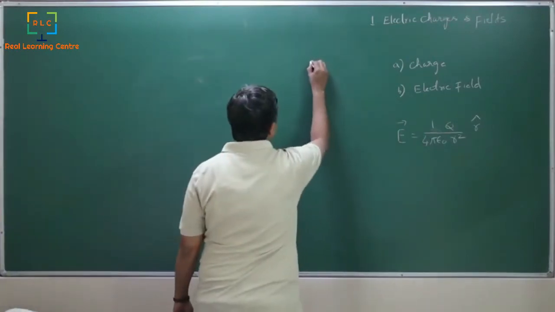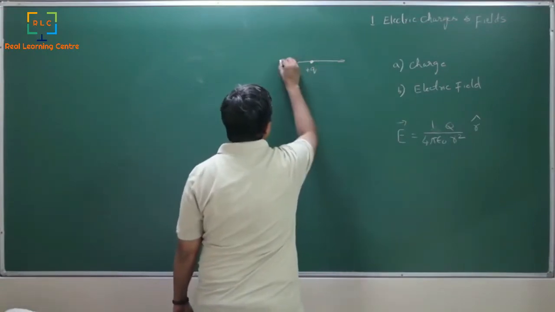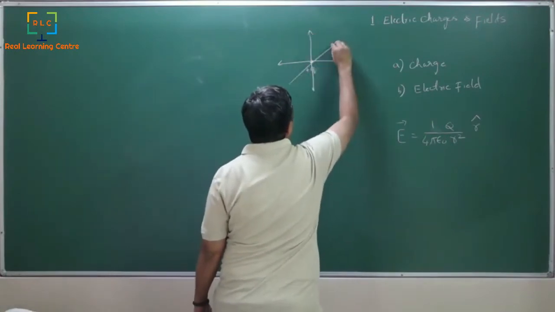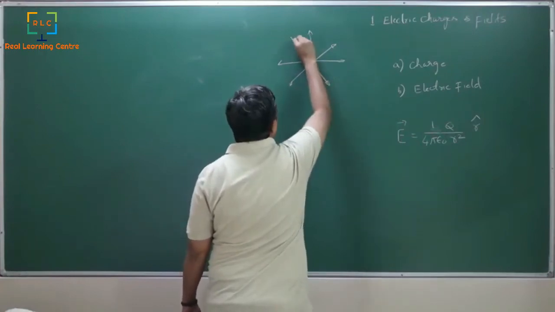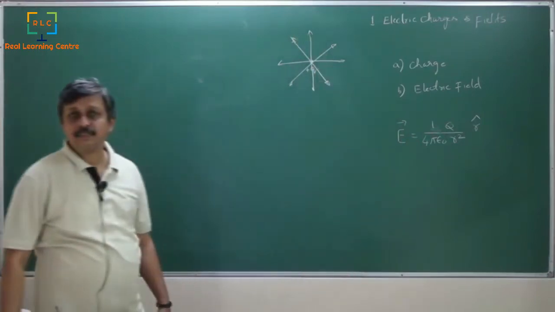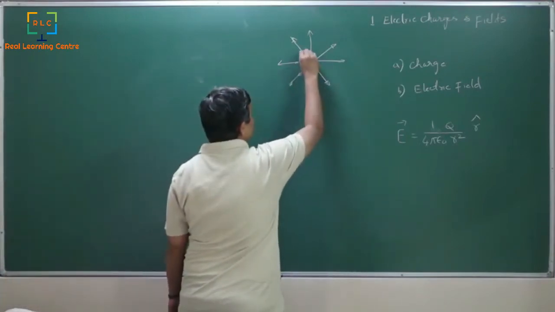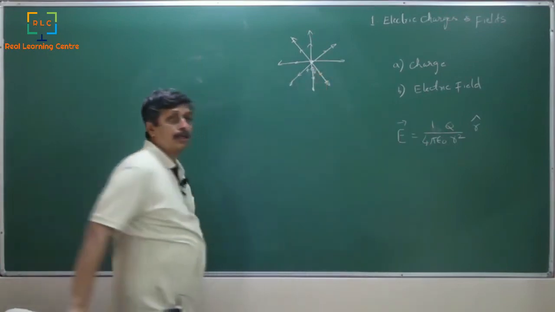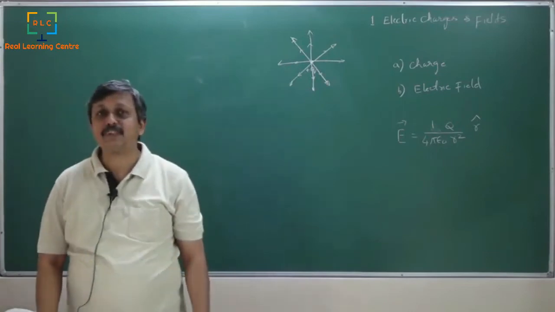So this is a positive charge plus Q, and this is how the field lines look. For a positive charge, field lines always go from the positive charge towards infinity.